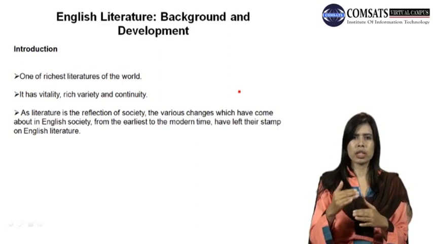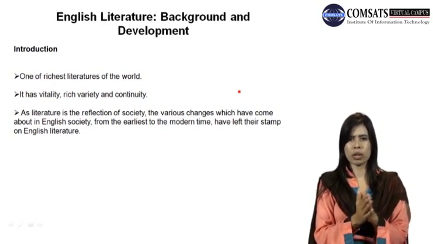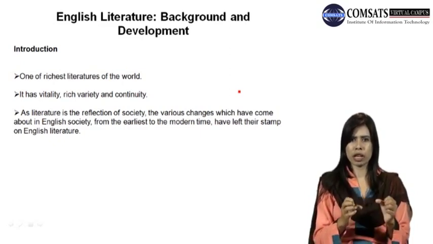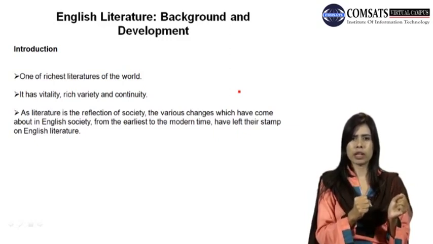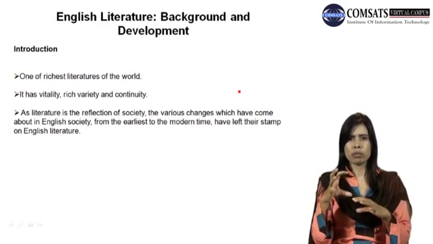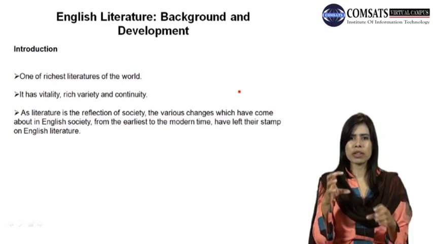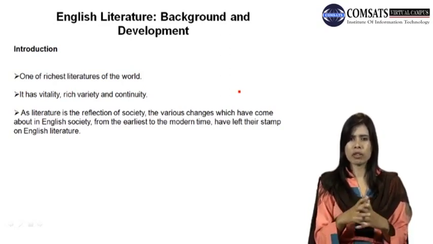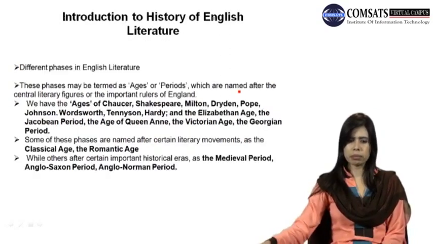How did English society influence English literature, and how English literature developed with the passage of time, and we will focus on different periods, different writers, their works, and the socio-political factors, economic factors and class factors which are involved in their writings. So we'll focus on each and everything during the whole semester.